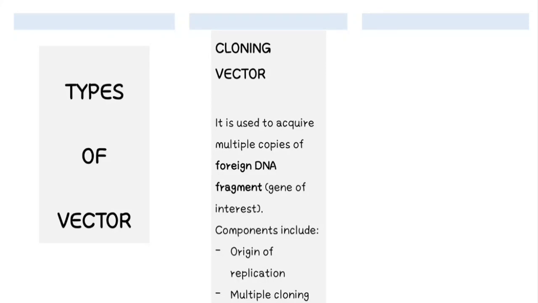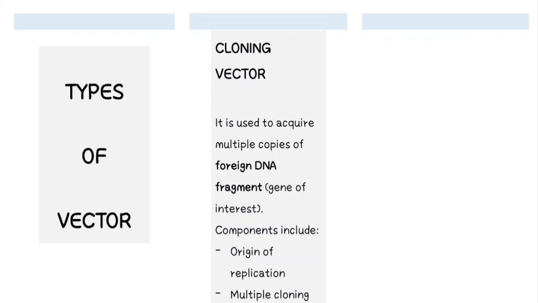A cloning vector is the one which is used to acquire multiple copies of a foreign DNA fragment, which was our gene of interest. So for this, we need in our vector an origin of replication, I told you, the point from where the replication will start, multiple cloning sites, and obviously a selectable marker. I'm sorry, we are not able to see it, but it was written here.